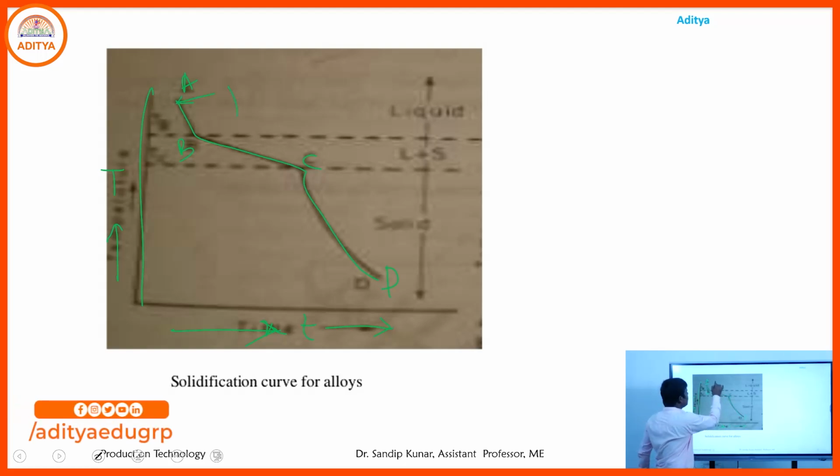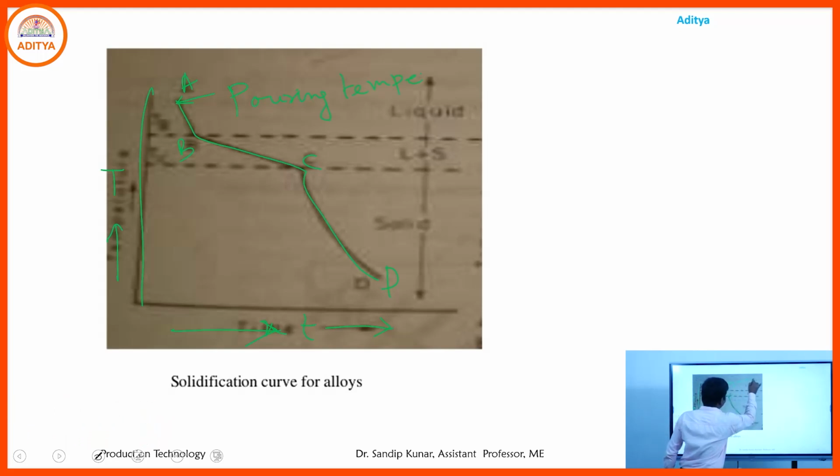It maintains the pouring temperature, that is the liquid state. And that state is the liquid plus solid, and that stage is the solid state.